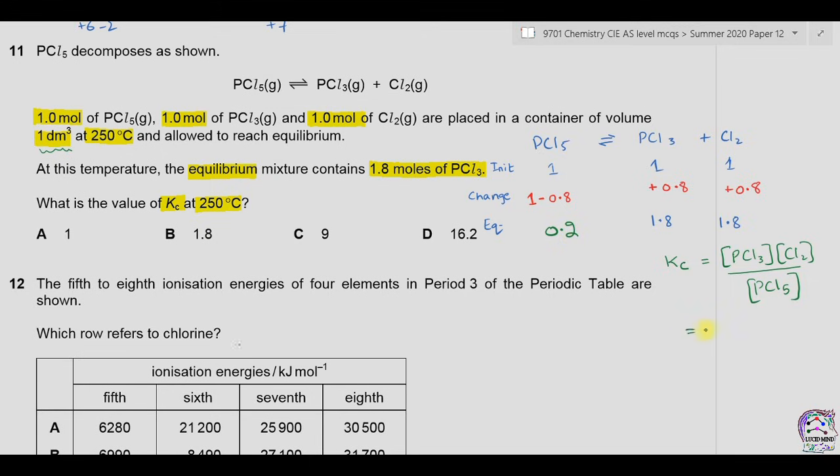Putting the values, we have 1.8 times 1.8 divided by 0.2. The value of Kc comes to be 16.2. So the answer is part D.